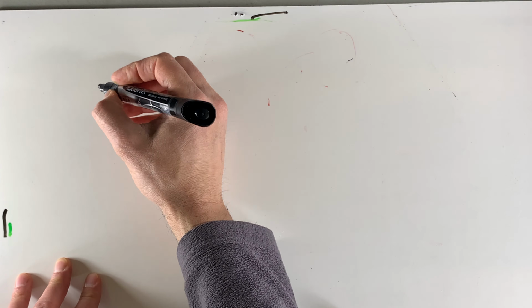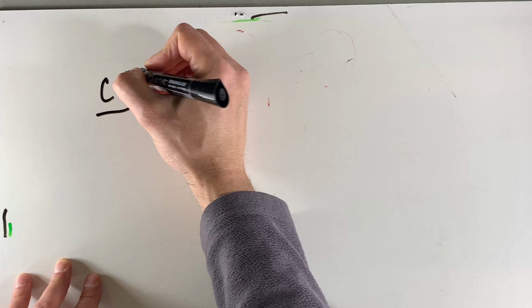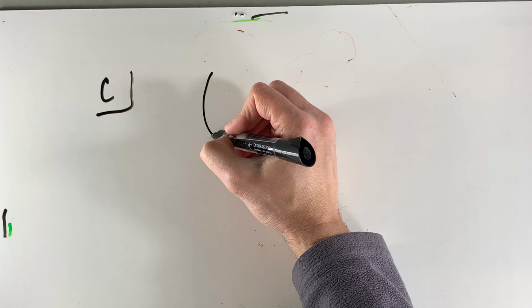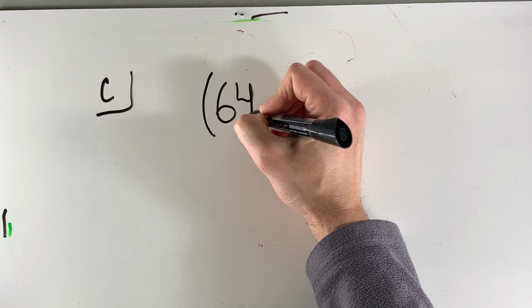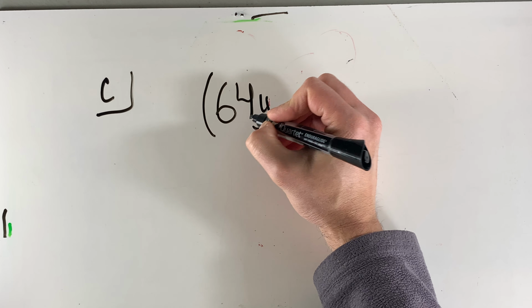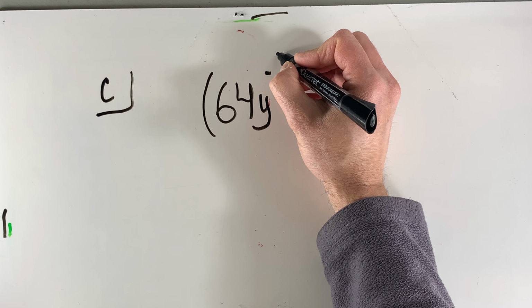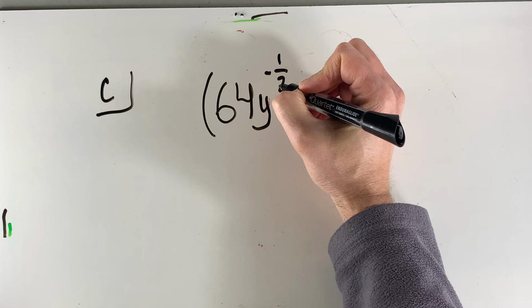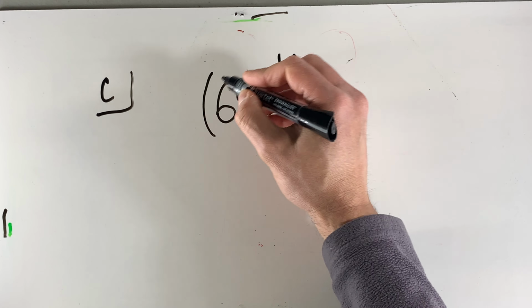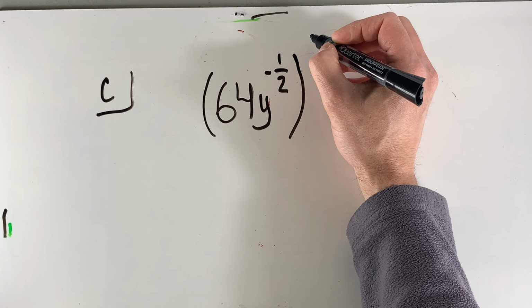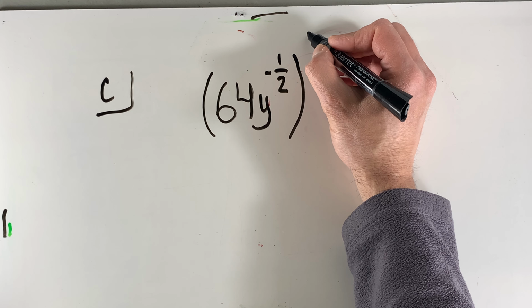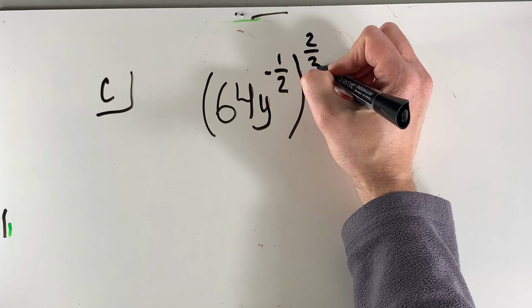In C, we have 64 times y to the power of a negative half, and then that becomes the base, and we have an outside exponent of 2/3.